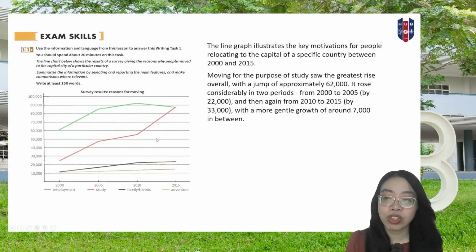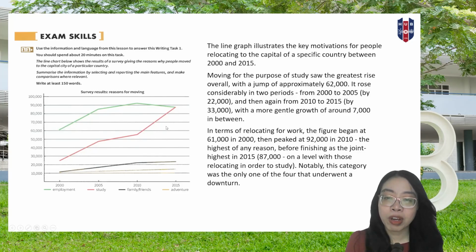The first one for study, the second one for employment, and the third one for the rest. So they changed by saying in terms of. This is a very good transition phrase that you can use. And relocating for work is the paraphrase for employment.